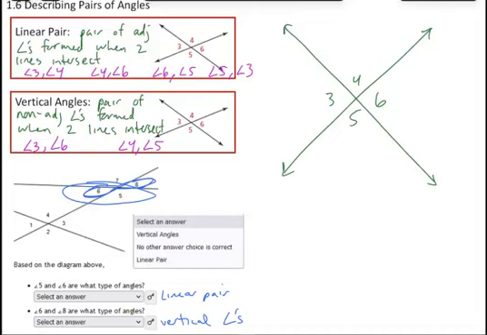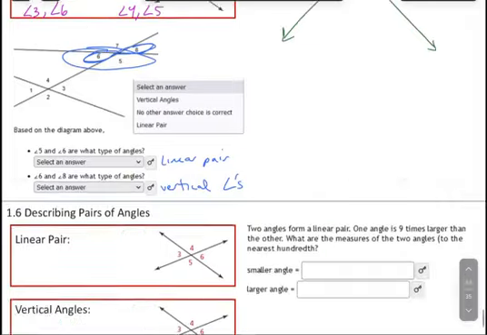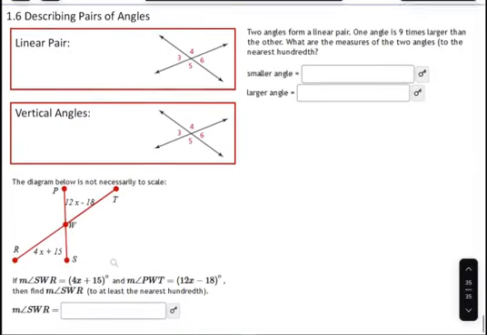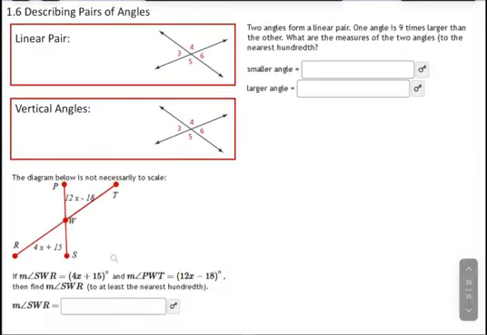This final slide in Chapter 1 is going to discuss the relationship that each of these pairings has, because each one has a specific relationship. A linear pair, because they are adjacent and they form a straight line, are going to add up to 180 degrees.